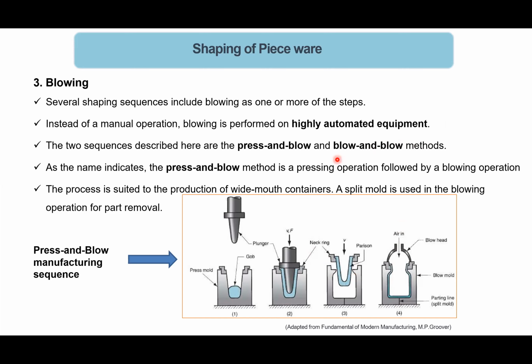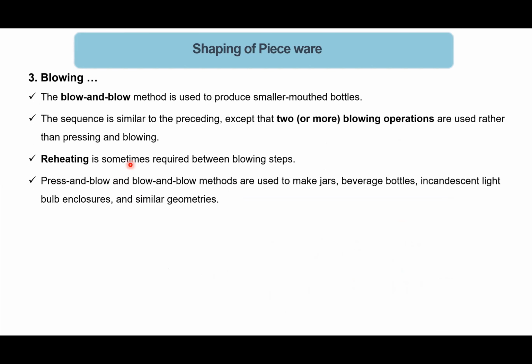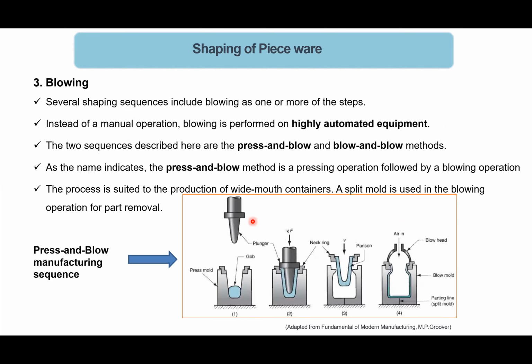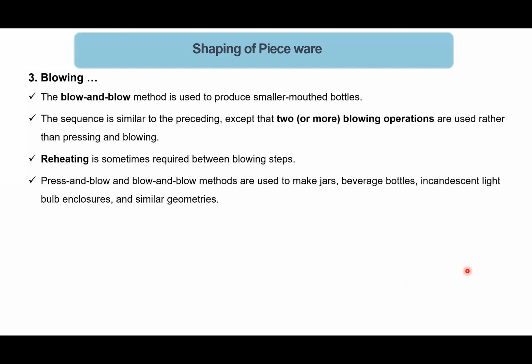I get it. Okay, blowing, there is another method called the blow and blow method. This one is the press and blow method, where first pressing makes a small conical structure, and then we get the final structure. It's not a concrete rule that it will be completed in 2 steps. Sometimes it requires more than 2 steps. You should keep it in mind.